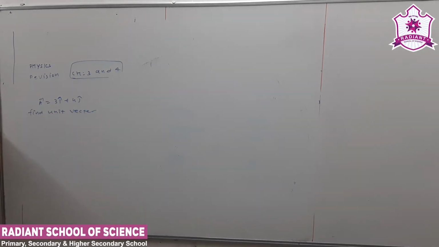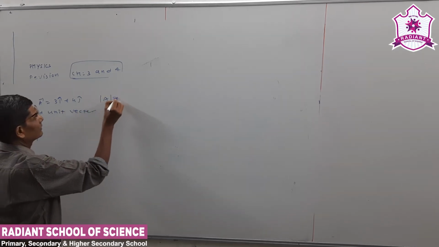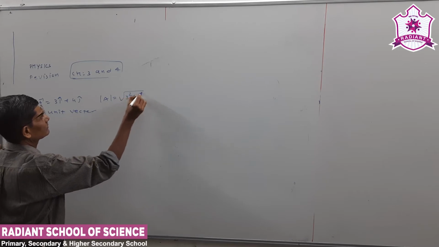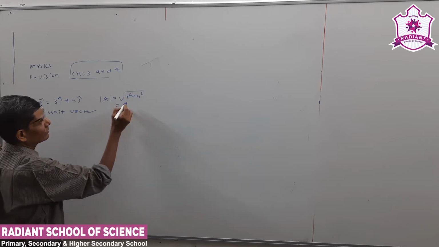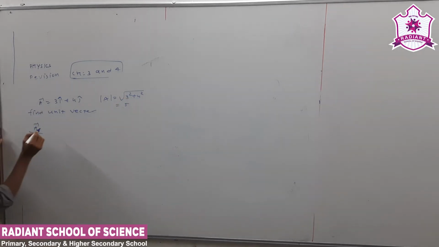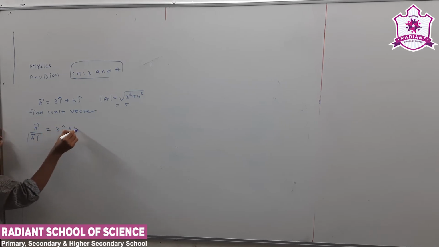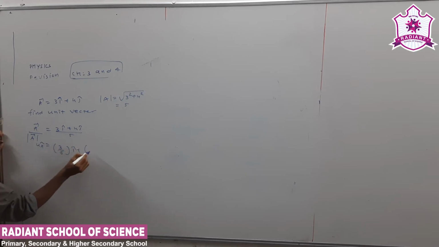See, it is a vector upon its magnitude. Dividing the vector by its magnitude, we get a unit vector. So, what is the magnitude of the vector A? That we obtain is 5. So 3i plus 4j upon 5 will be the unit vector of A, 3 by 5 i plus 4 upon 5 j.